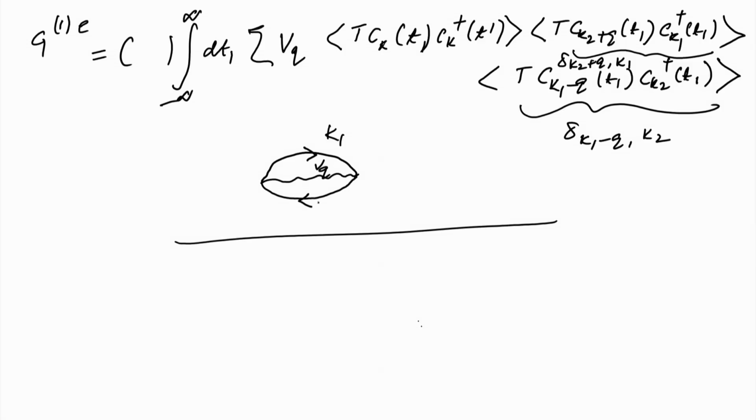So, this is k 2, this is T prime, this is T and this thing is happening at T 1, but these two are disjoint. You see that there is the Green's function that takes from k 1 to k 2 plus q, and then there is a k 1 minus q going back to k 2.